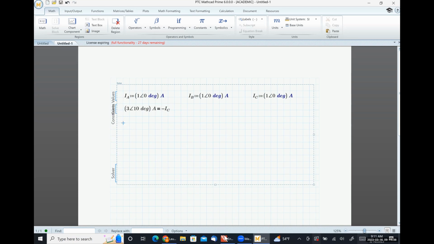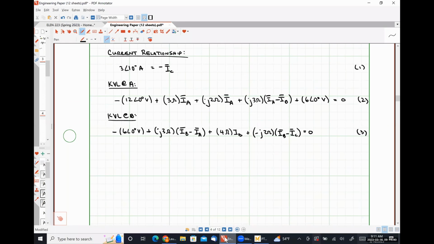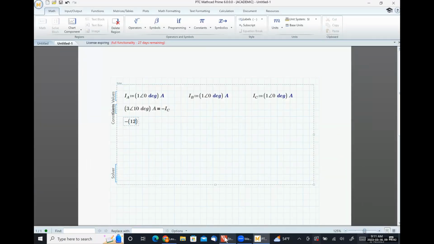Then my next equation, negative 12 angle 0 degrees volts plus 3 ohms. So here's something that I want to point out really quickly. Sometimes MathCAD freaks out a little bit with parentheses.